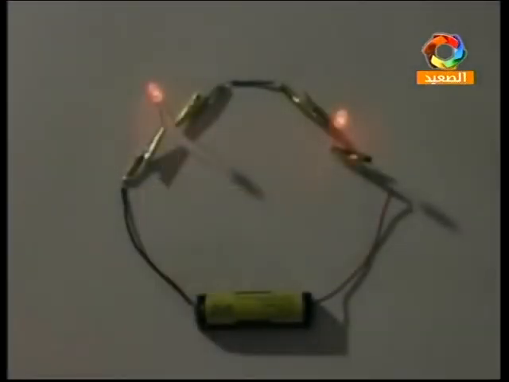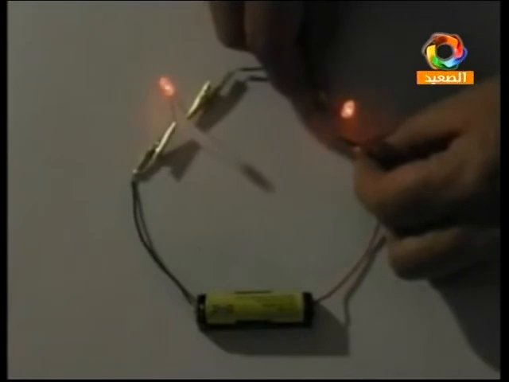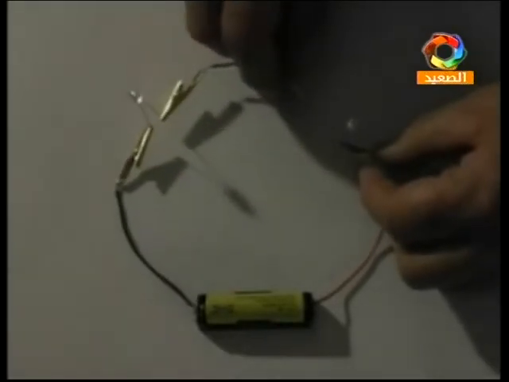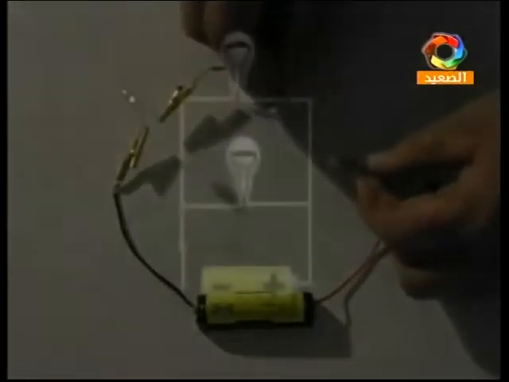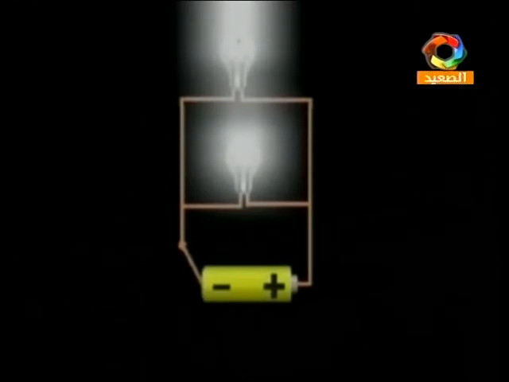Because it is a series connection. If you remove one of these lamps or open the circuit like this, there is no electric energy in either of them. But in the parallel connection, we have the two lamps like this, and the light is still found in both lamps.